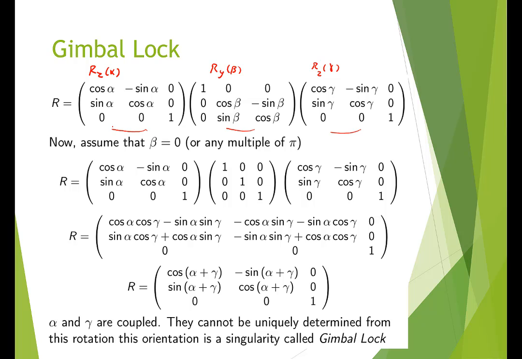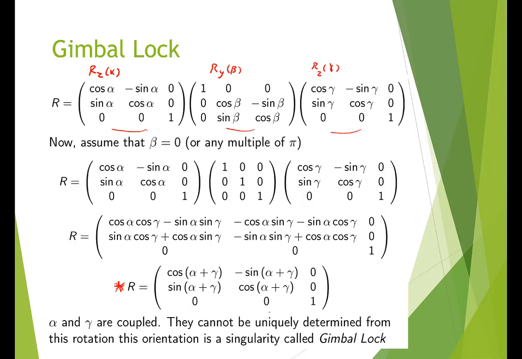Consider a case where beta is 0. We don't have rotation around y. What happens? We multiply these matrices and simplify. The final rotation matrix would be this. And now we want to find the angles using this matrix. Use those formulas and arctan2 to get the angles from this matrix. Can we do it? You can see that now because the middle angle beta was 0, the equations are kind of coupled.